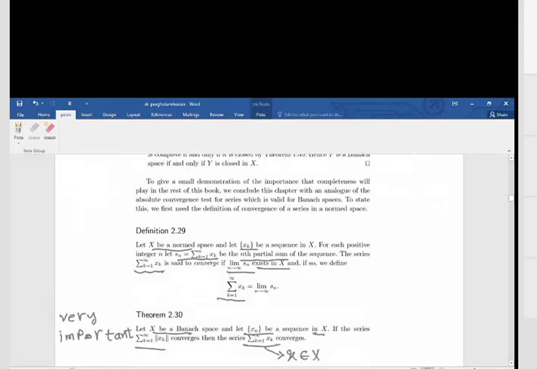Definition: let X be a normed space and x_k be a sequence in X. For any positive integer n, let S_n be the sum of x_k from 1 to n.